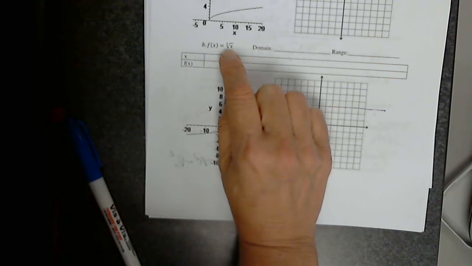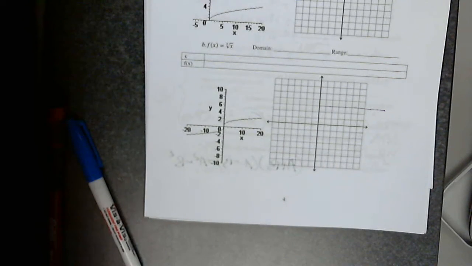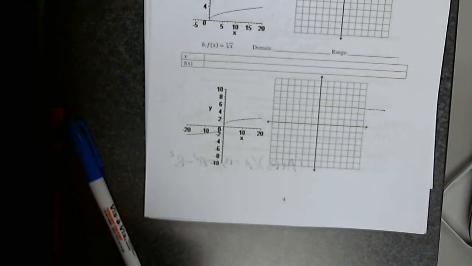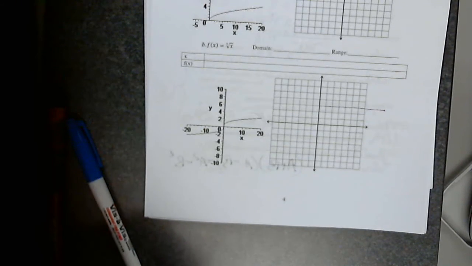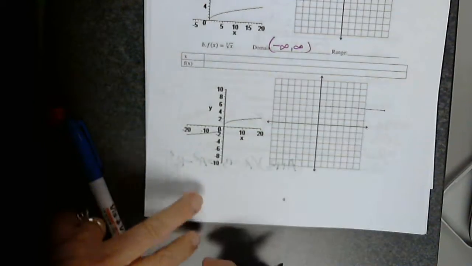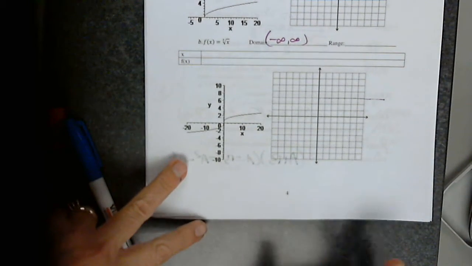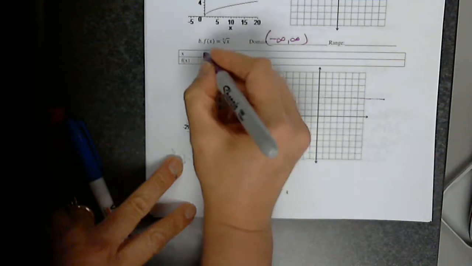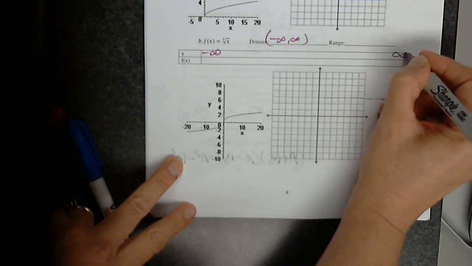Can anyone give us the domain of the cube root of x? We have not seen this graph yet. Exactly. Friendly function, no problem. And we'll figure out the range in a minute. So then between negative infinity and infinity.